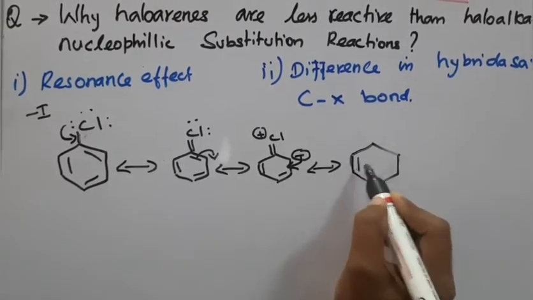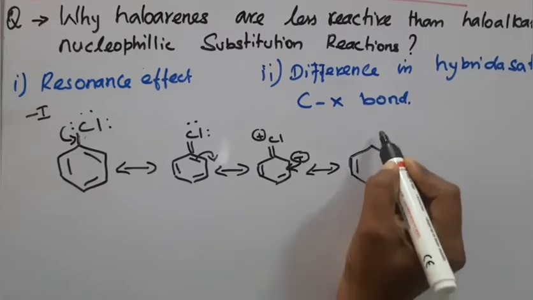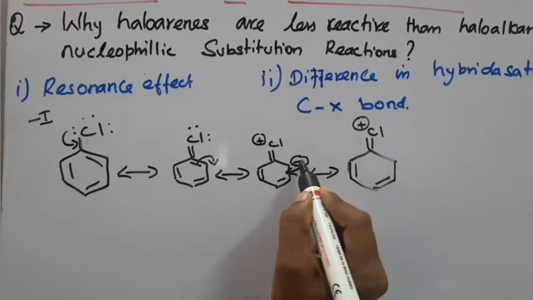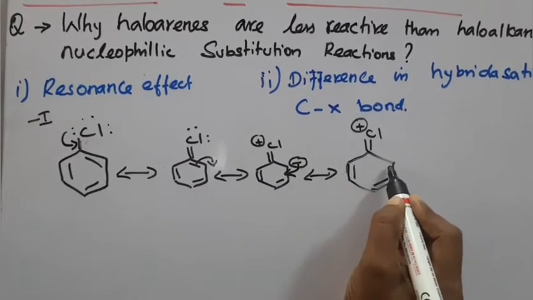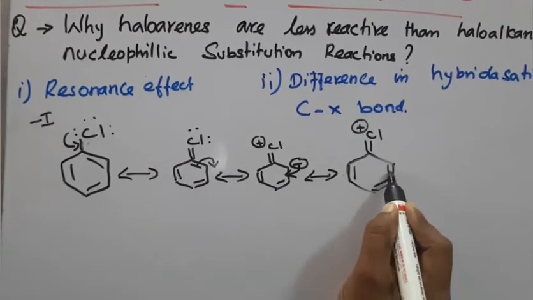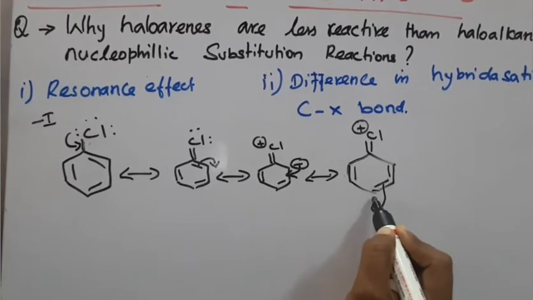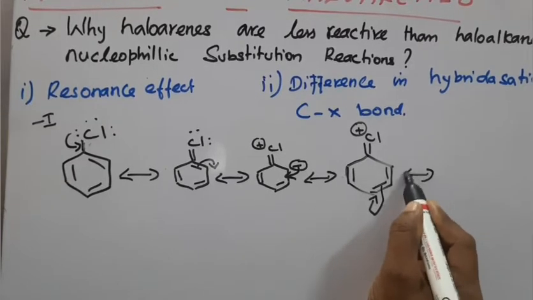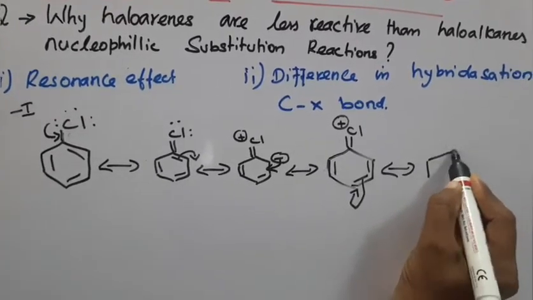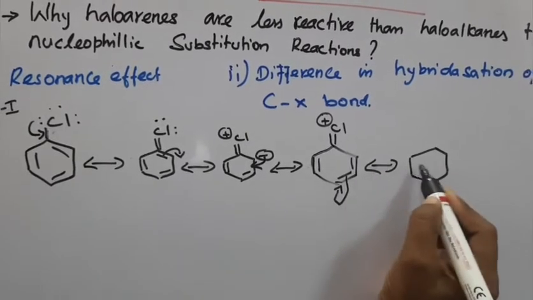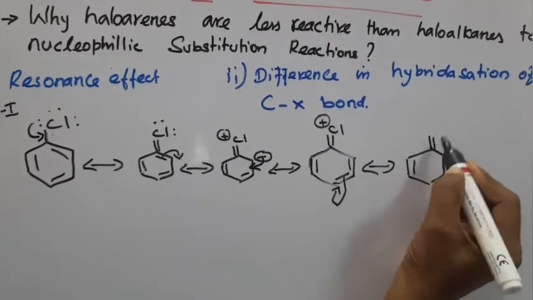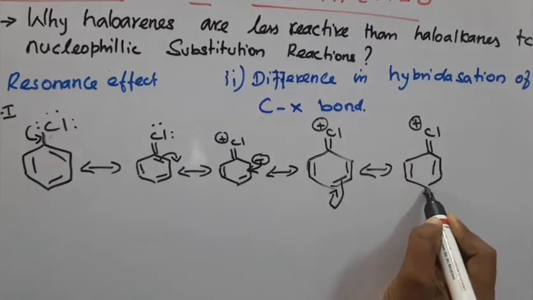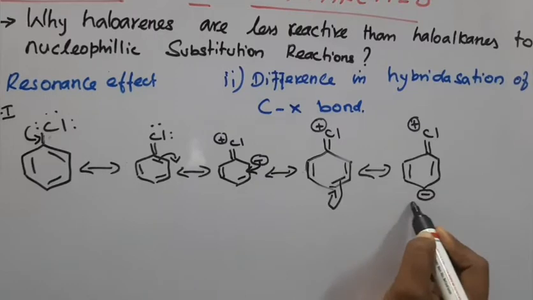Listen, here a double bond is present. This electron comes here, so at that time these two nearest are not possible, so this electron comes outside and is present in the para position. Here one electron is present and the same Cl positive charge; this electron comes outside and is present in the para position.